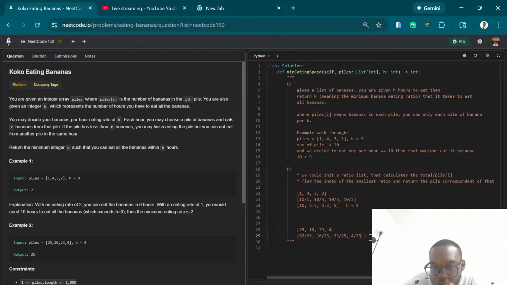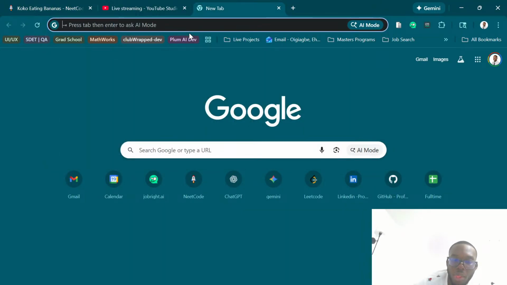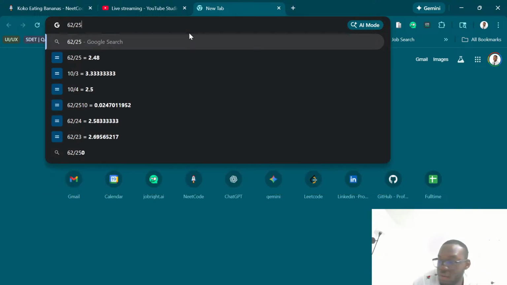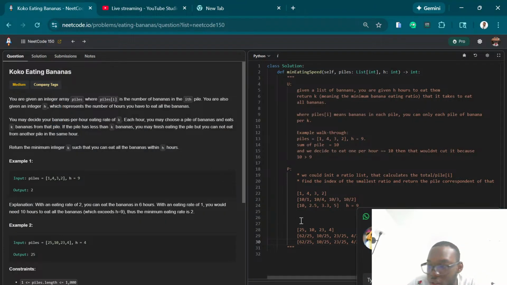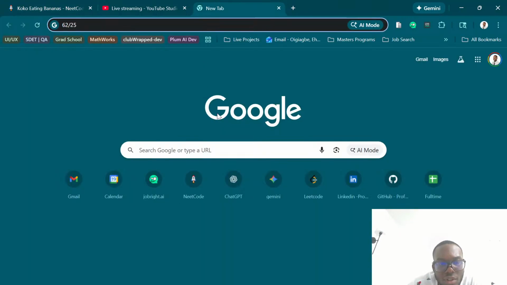Right? So this would be 60 divided by 25, which is 2.48. Then 10 divided by 25, that's gotta be like 2.5, right? Or 0.25.